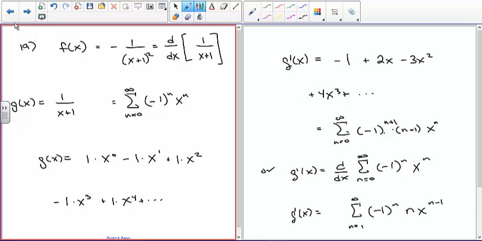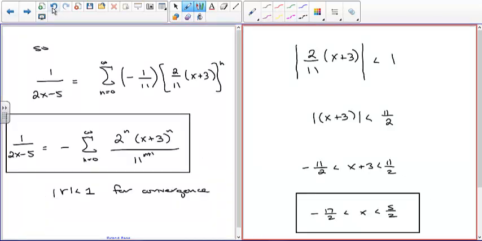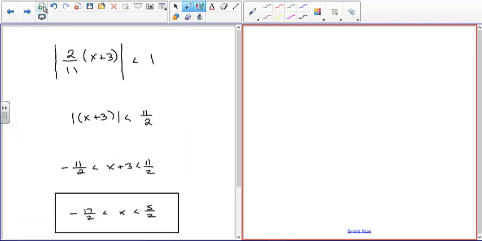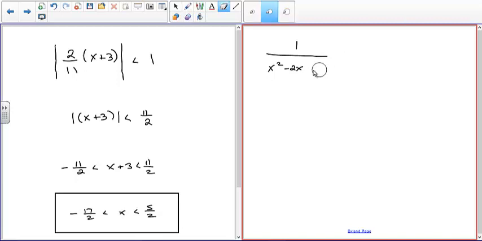Well, I'm going to use another example just to show you where you might use this again. If you wanted to find the infinite series representation of something like x squared minus 2x minus 3, over that, I could use Taylor series to do this.